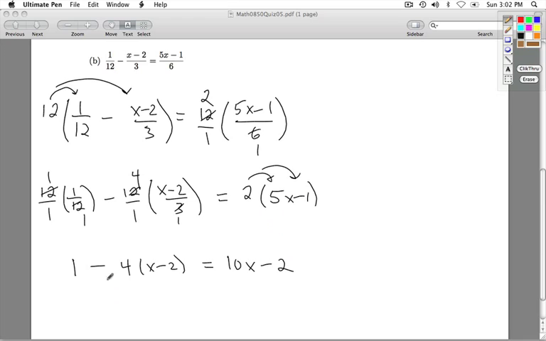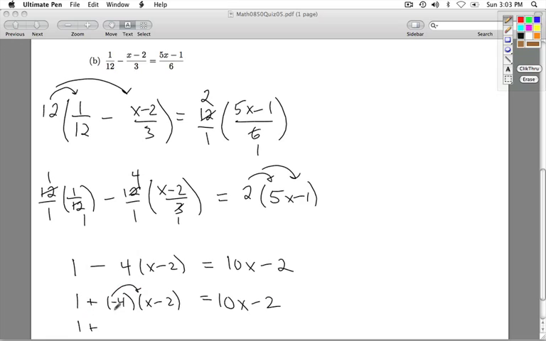Now to continue with this problem, I need to use the distributive property again to clear these parentheses, and we have to be careful. So once again, to avoid making a common mistake here, we can change this to 1 plus negative 4 times x minus 2. And so I use the distributive property now.